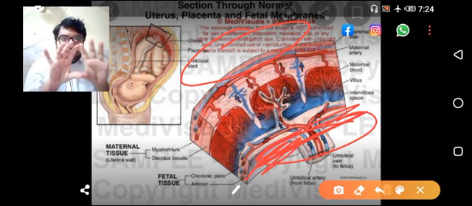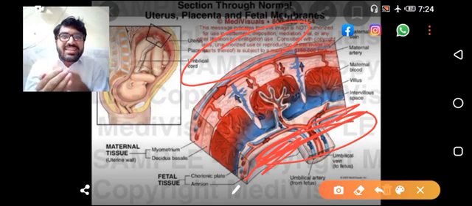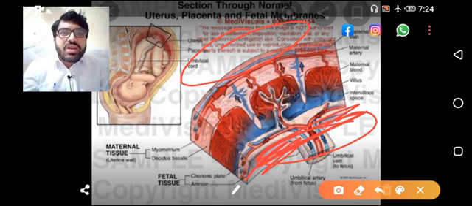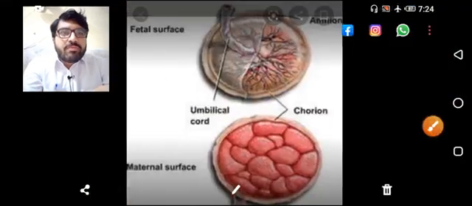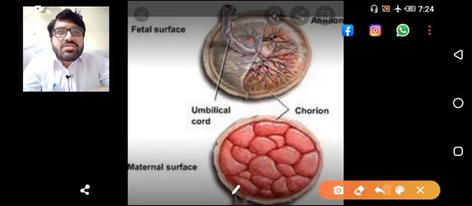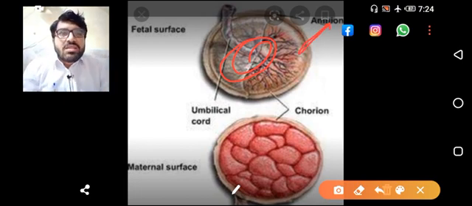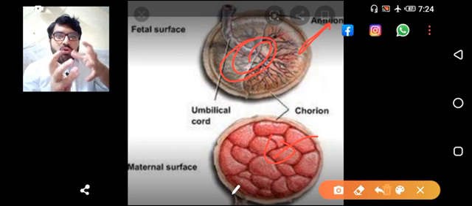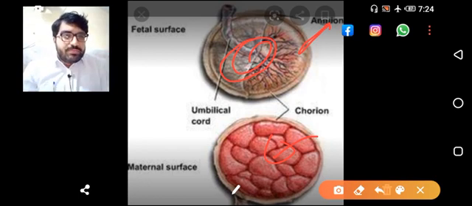So the placenta has a fetal side that is covered with amnion. That option is right. Again, you see, this is the fetal surface and that is covered with, here it is mentioned, the amnion. This is the maternal surface, and these small bumps are called cotyledons, and these are actually a portion of decidua of the uterus.